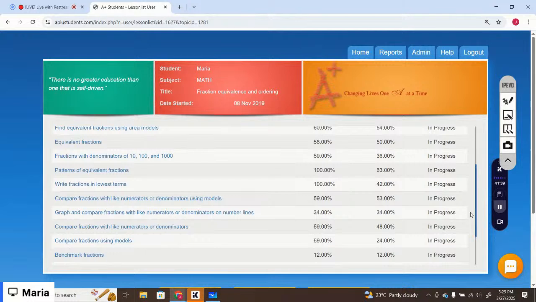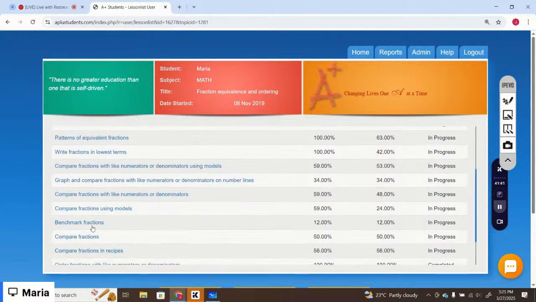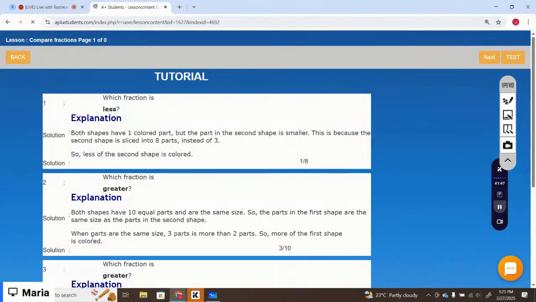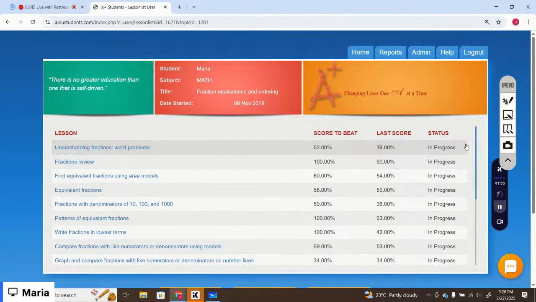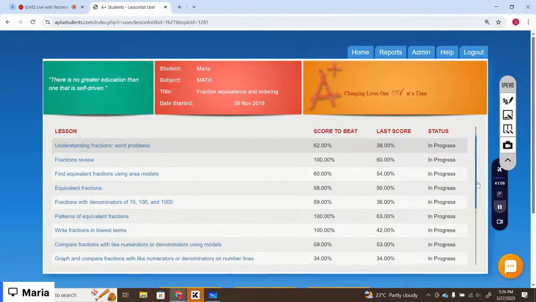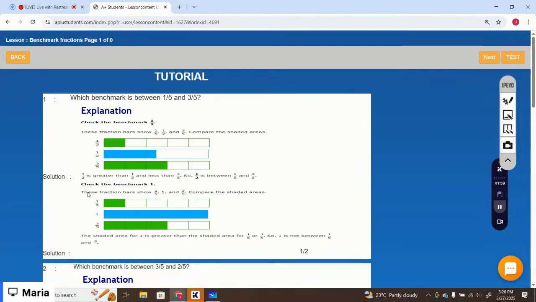The next lesson is compare fractions. Again, same lesson. I forgot the one. That is benchmark fractions.